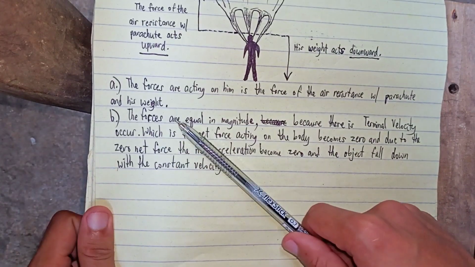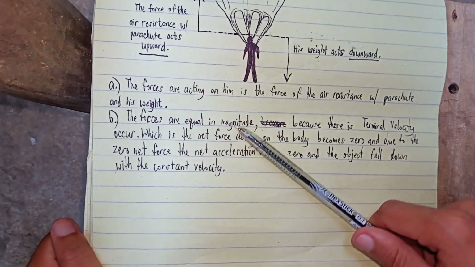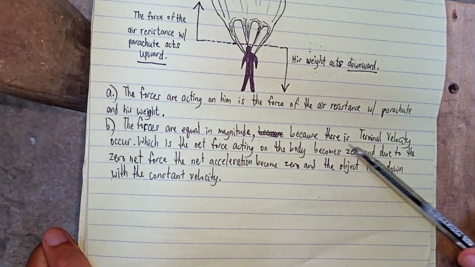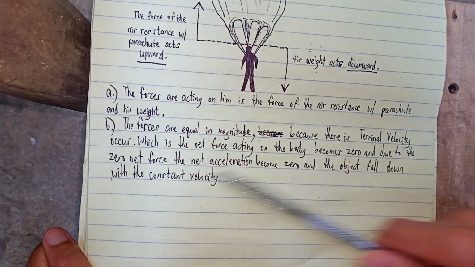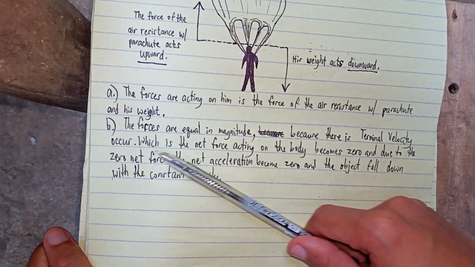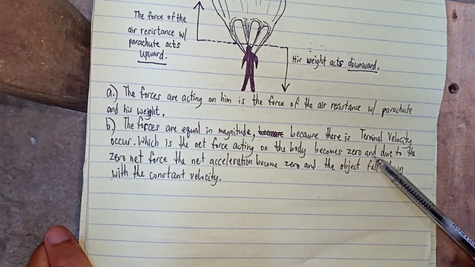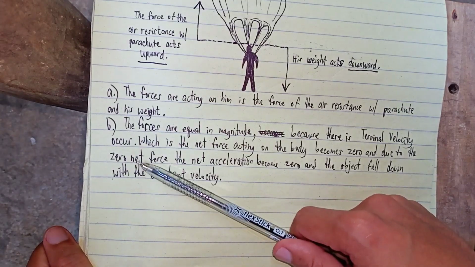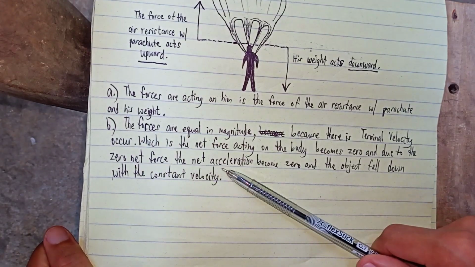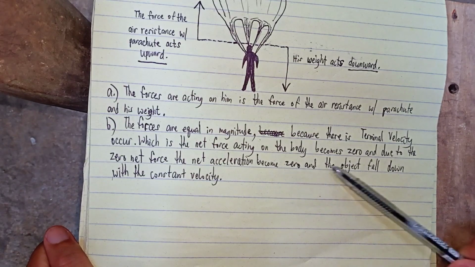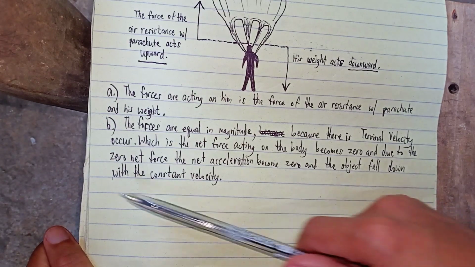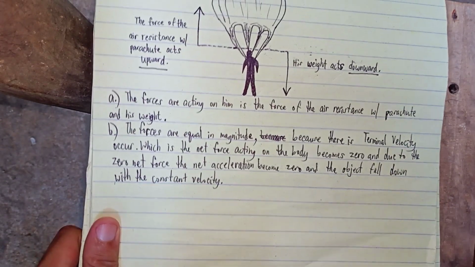The forces are equal in magnitude because of terminal velocity, which means the net force acting on the body becomes zero, and due to the zero net force, the net acceleration becomes zero and the object falls down with a constant velocity.